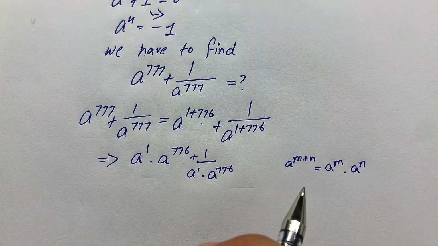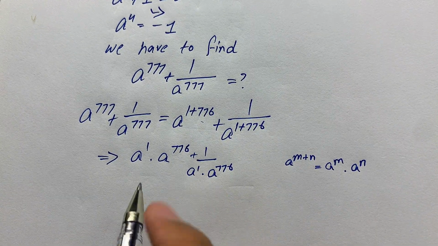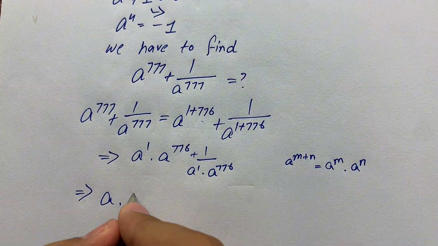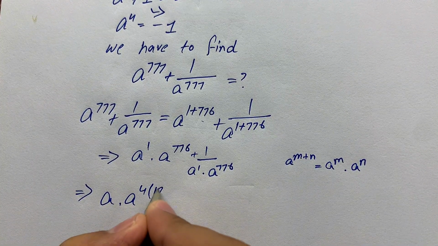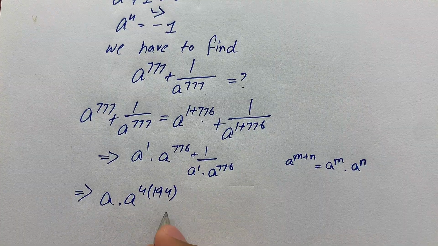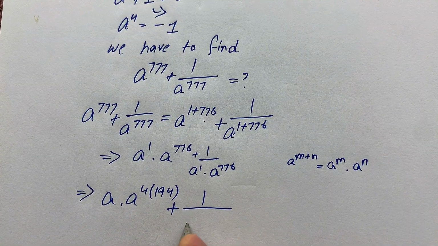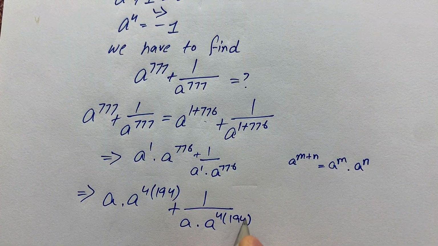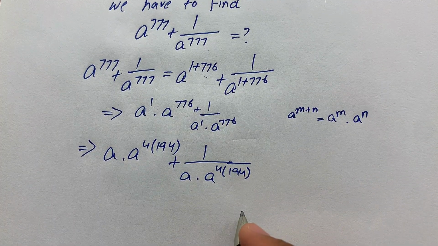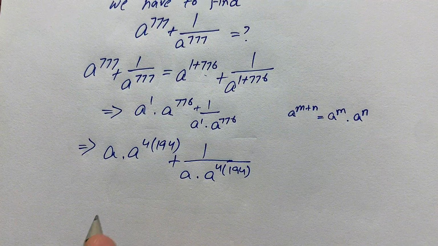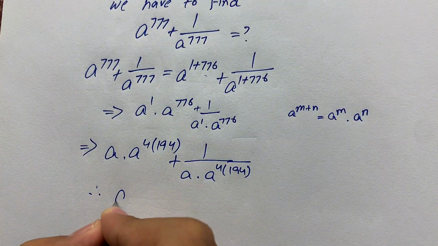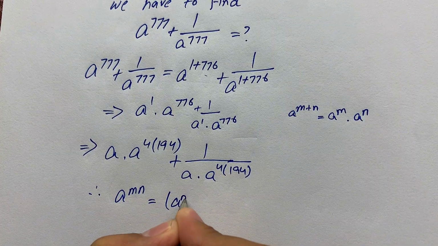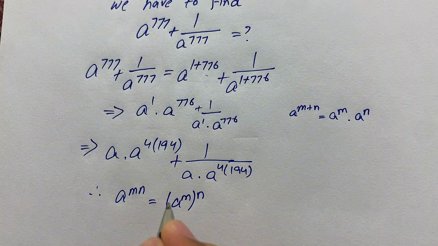Now in next step this will be a into a to power 4 into 194 plus 1 divided by a into a to power 4 into 194, and this will be a to power m into n is equal to a to power m, all to power n.